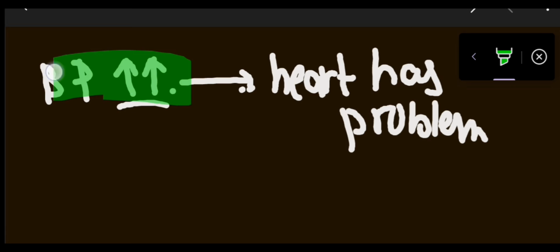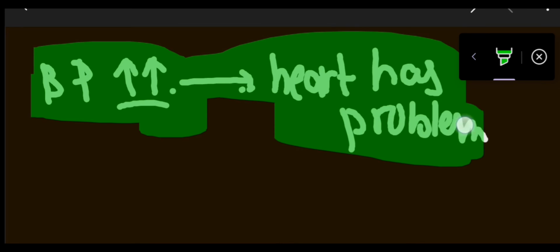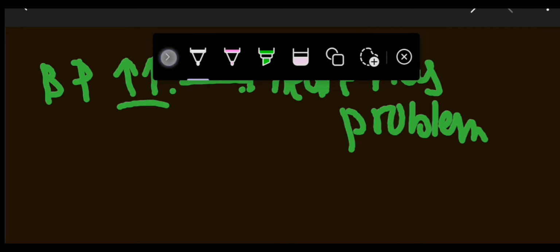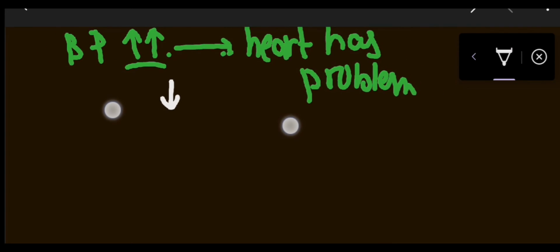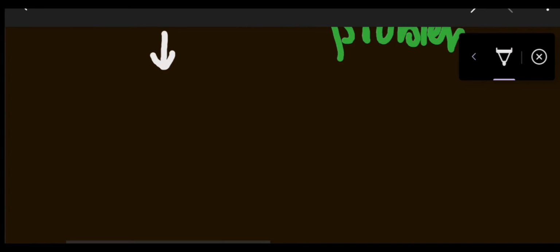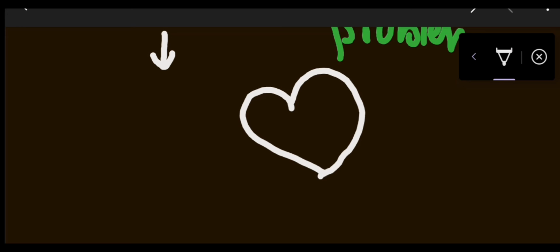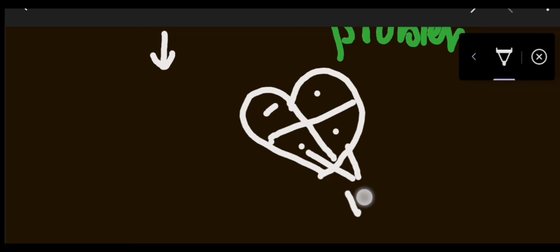When we increase BP, okay? So here you can see, this is the heart, and the heart has 4 chambers. The first two are known as atria, and the second two are known as ventricles.